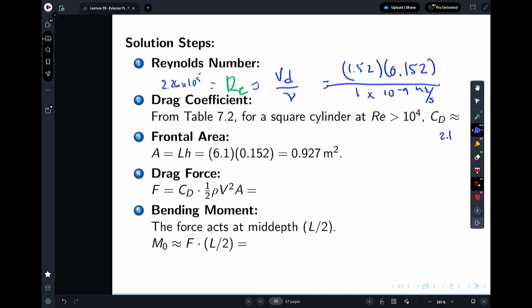I'm covering that up for some reason. I have the frontal area, which is L times H, which is going to be 6.1 times 0.152, so 0.927 meters squared.